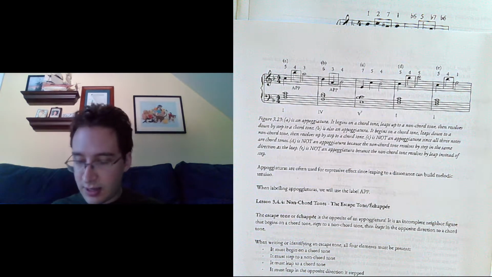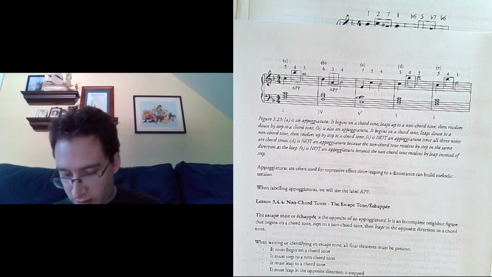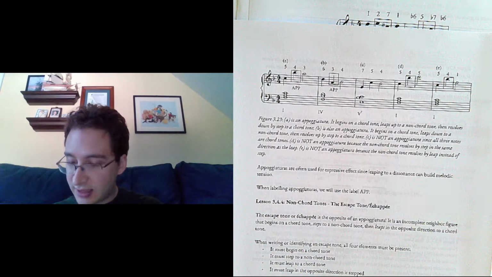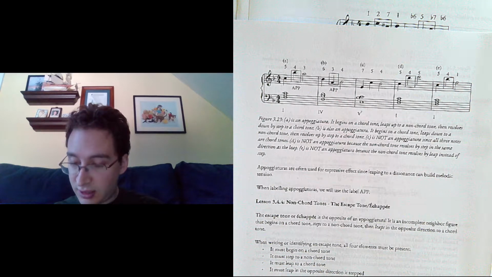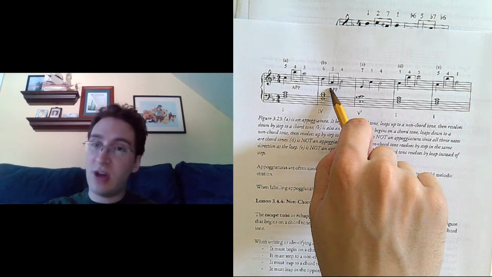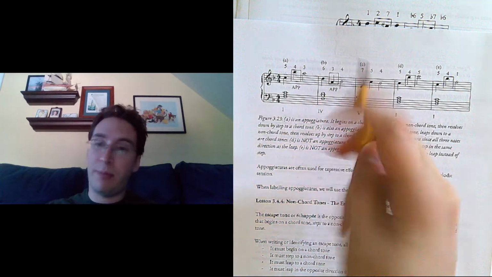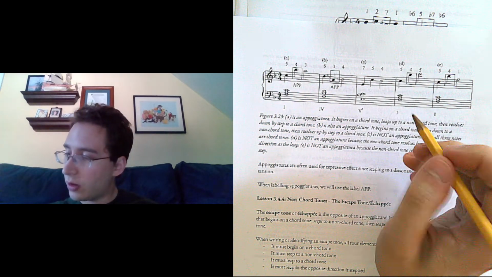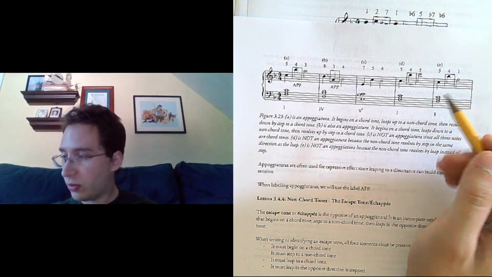B is in the opposite direction, where you start on 6, 3, 4. You leap down to 3, which is a non-chord tone, and then you resolve up by step in the opposite direction of the leap to scale degree 4, which is part of your 4 chord.